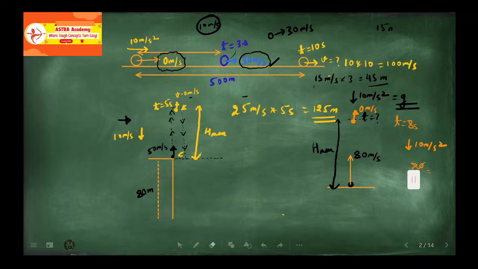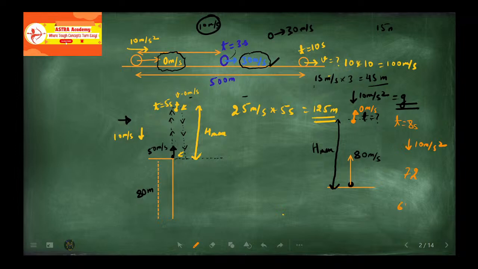In simple words, just take the speed and divide it by 10, and whatever number you get is the time taken in reaching the highest point from the bottommost point. If somebody gives you an initial speed of 72 meters per second, just divide by 10, which shifts the decimal by one place, so the time will be 7.2.